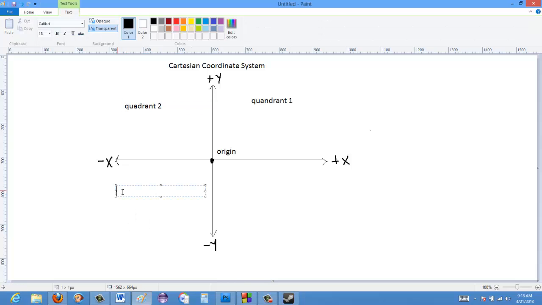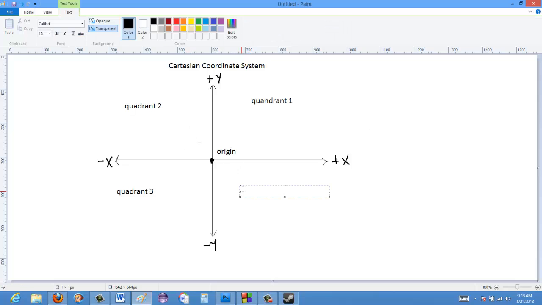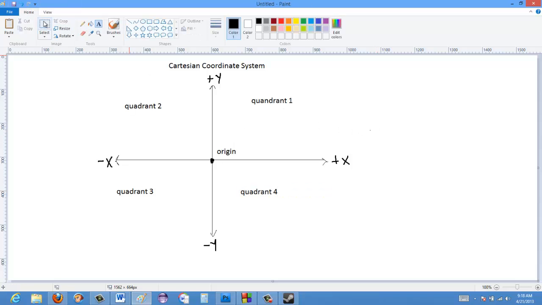This here is quadrant 3. And here is quadrant 4.